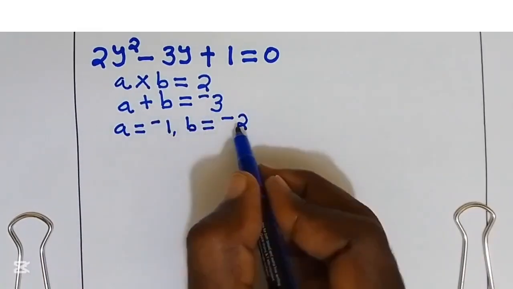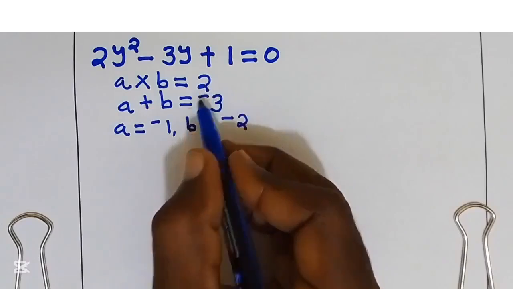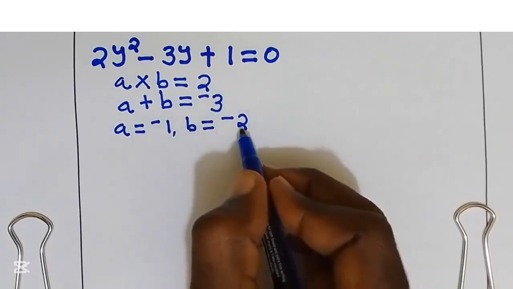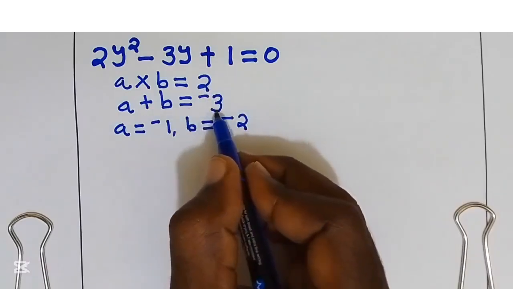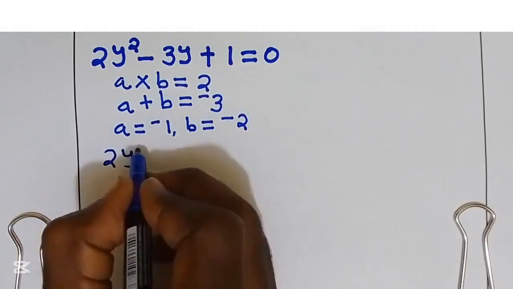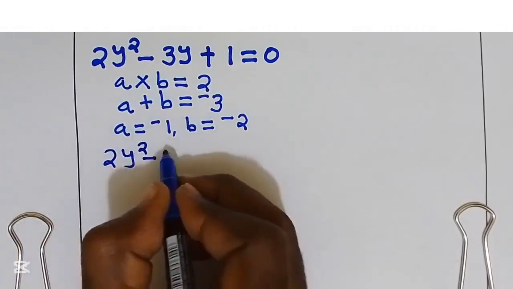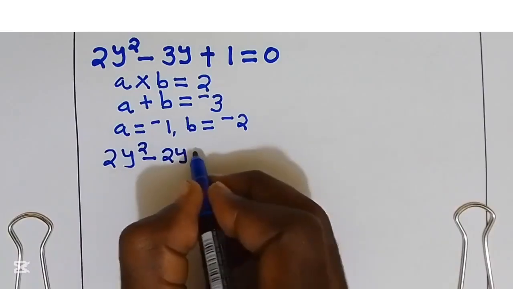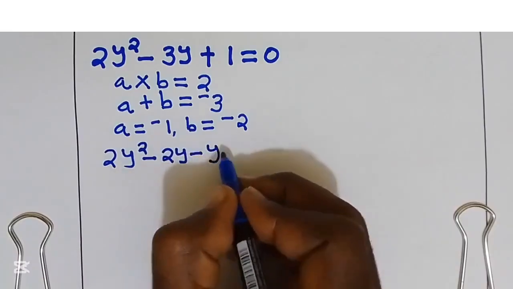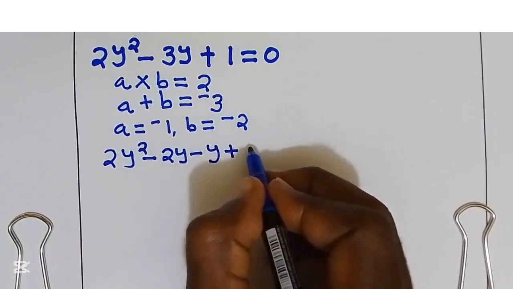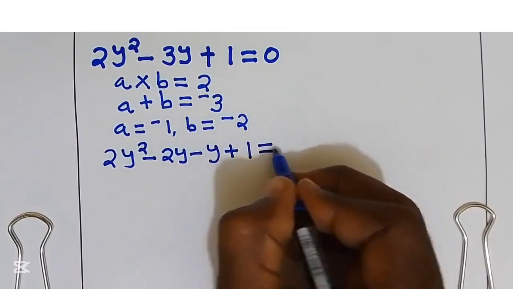Negative 1 multiplied by negative 2, we are going to get positive 2. Negative 1 plus negative 2, we are going to get negative 3. 2y squared minus 2y minus y plus 1 is equal to 0.